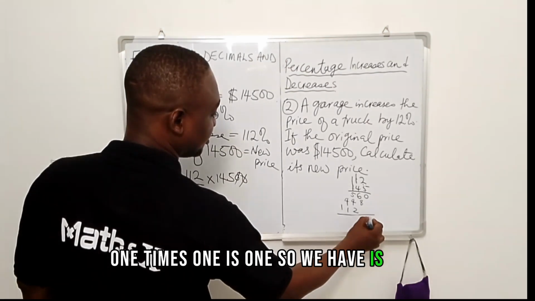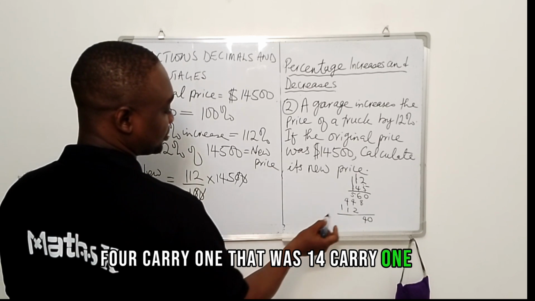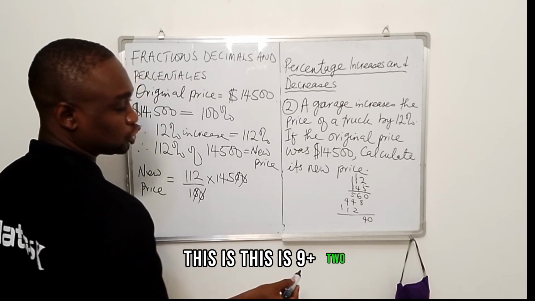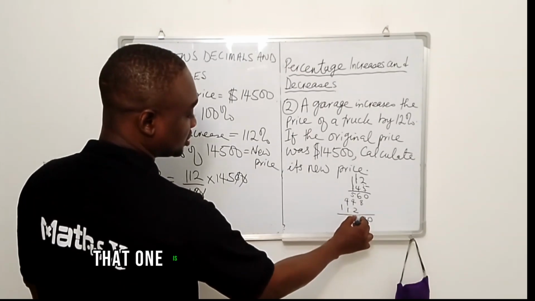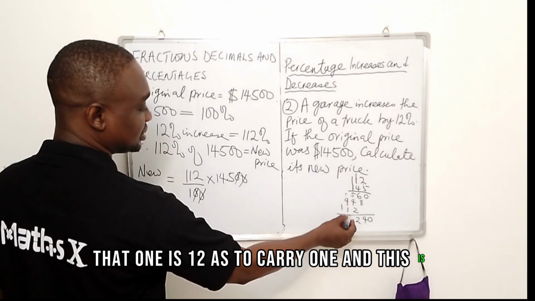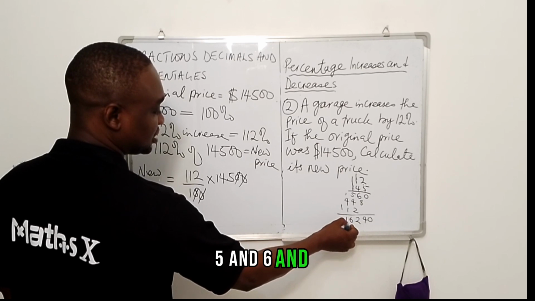So we have a 0, a 4, carry 1, that is 14, carry 1. This is 9 plus 2, which is 11, plus that 1 is 12. That's 2, carry 1. And this is 4, 5, and 6, and 1.